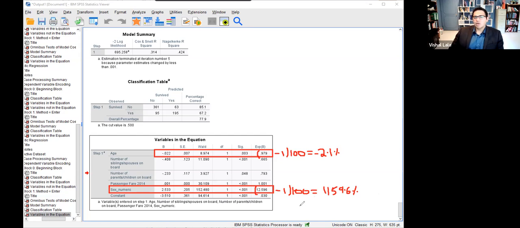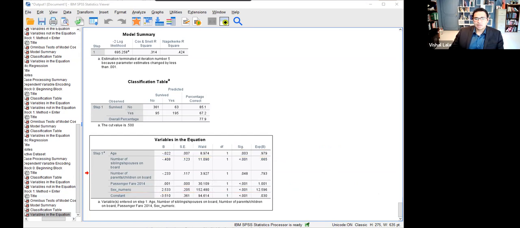So females have a 1159.6% higher chance of surviving aboard the Titanic than do males. Again, bear in mind this interpretation is based on knowing that sex numeric is coded as 1 and 2, where 2 is female, 1 is male.